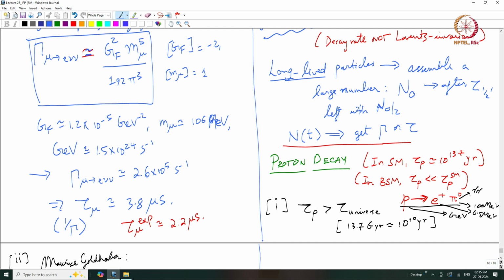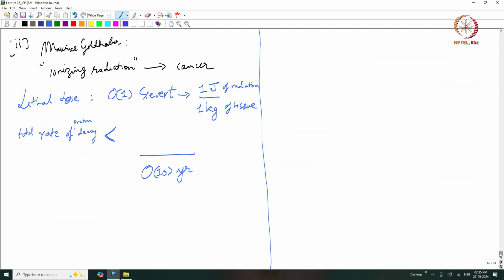At the end of the day, all of this is ionizing radiation, so the entire GeV mass of the proton goes into radiation. So in the numerator, I can ask for 1 joule of radiation, how many protons am I thinking about?